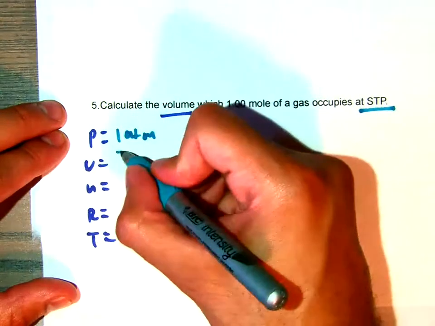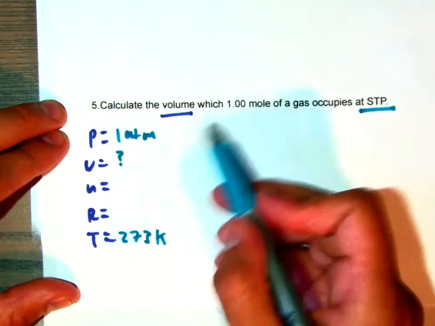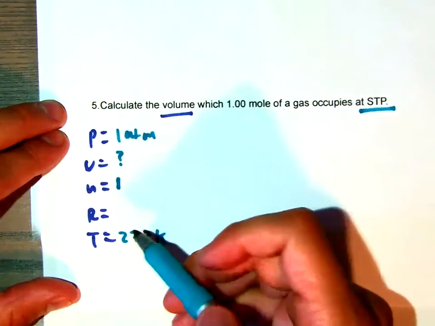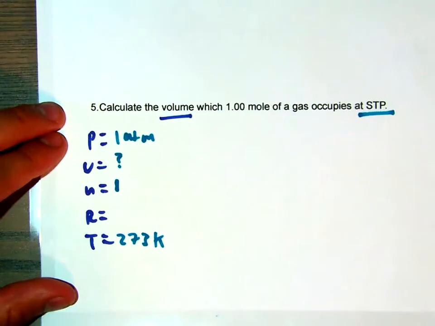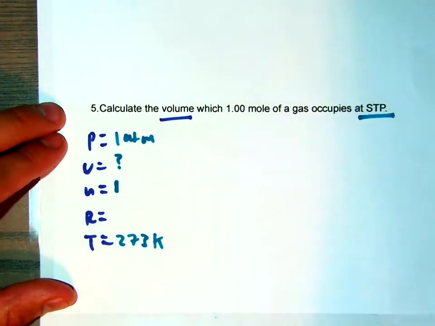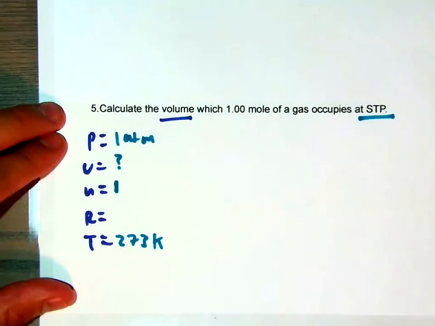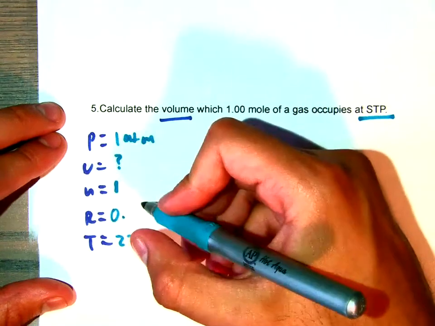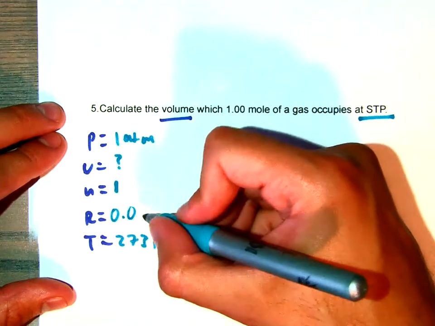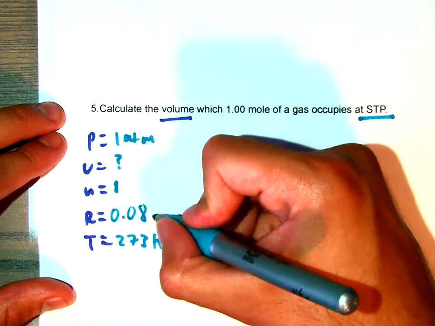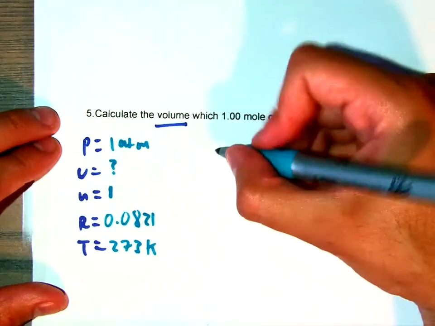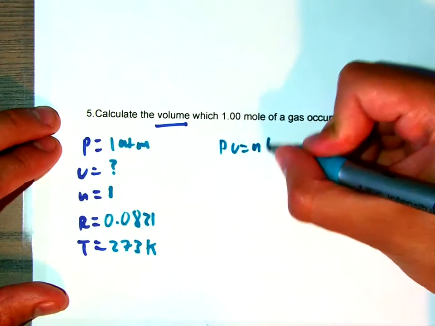Volume, that is what I'm looking for. I have 1 mole. R constant, which one do I use? Well, if I have ATM, I use that top one, right? ATM. So I used 0.0821.